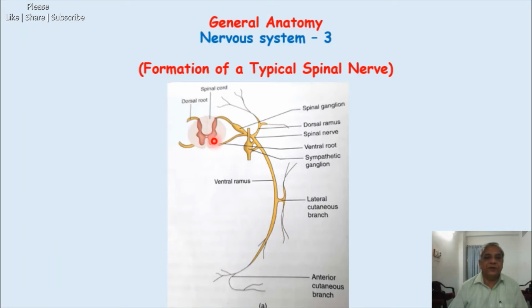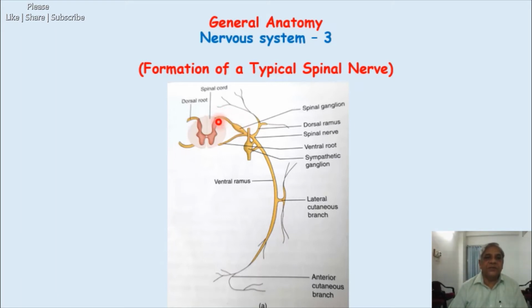On one side this nerve comes out from the anterolateral aspect of the spinal cord. This is the ventral root of the spinal nerve, and it will join here with another root called the dorsal root of the spinal nerve.